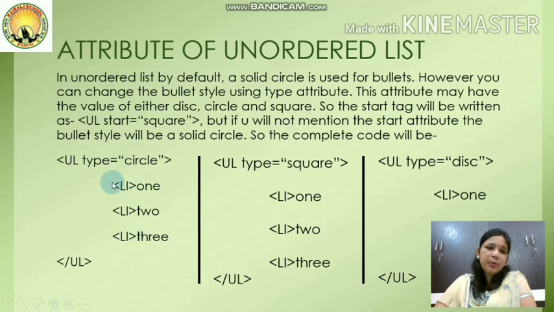Every list item will be written with LI and you don't have to close it. And LI stands for list item. Then if you want the square one, type equals to square, and this one is the default one. You can give it, or if you directly write UL and you are not specifying the attribute, then also the default one, those discs will appear.